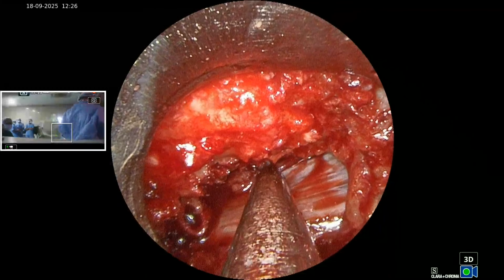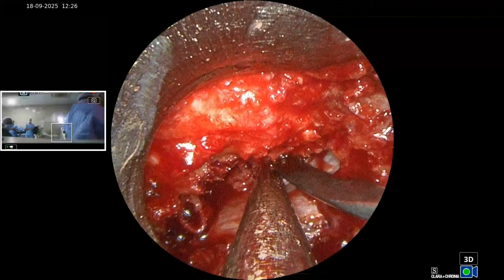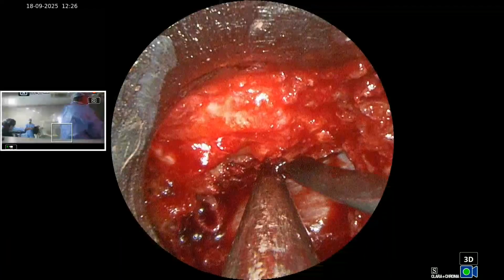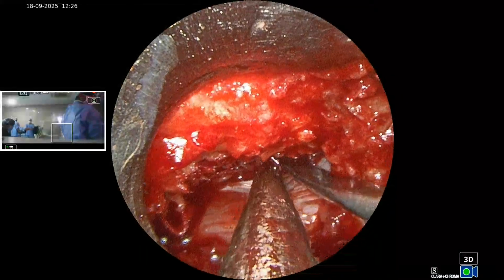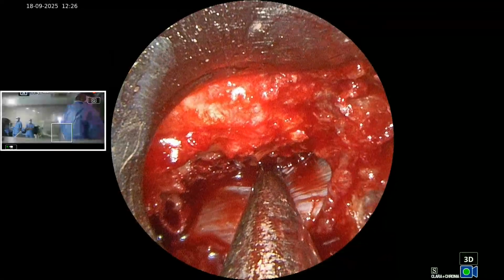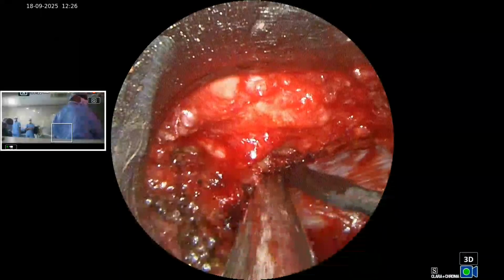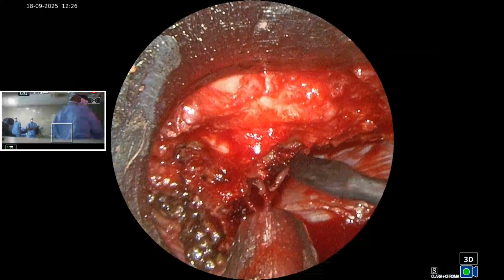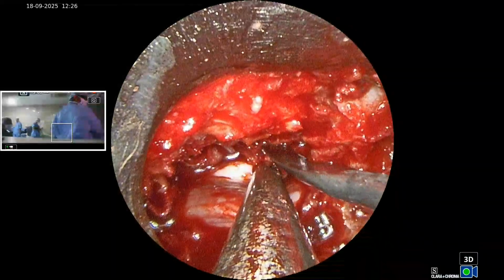Spatula. Photo. So the opposite side nerve root completely decompressed up to the foramen, and this is my foramen. This is the shoulder of the nerve root. This is the cranial end, caudal end, and the foramen.